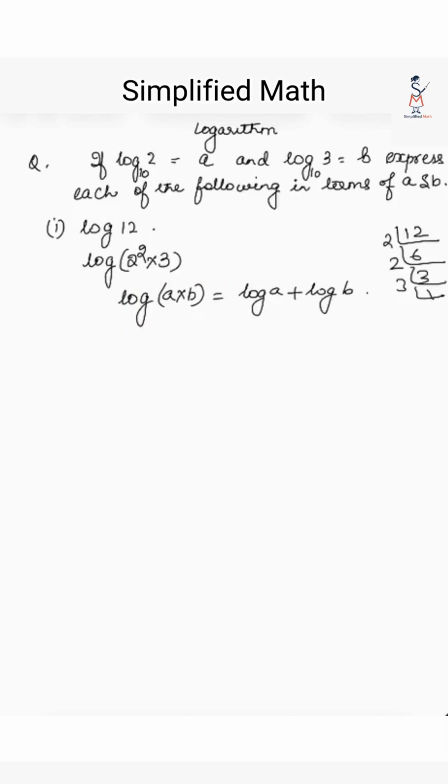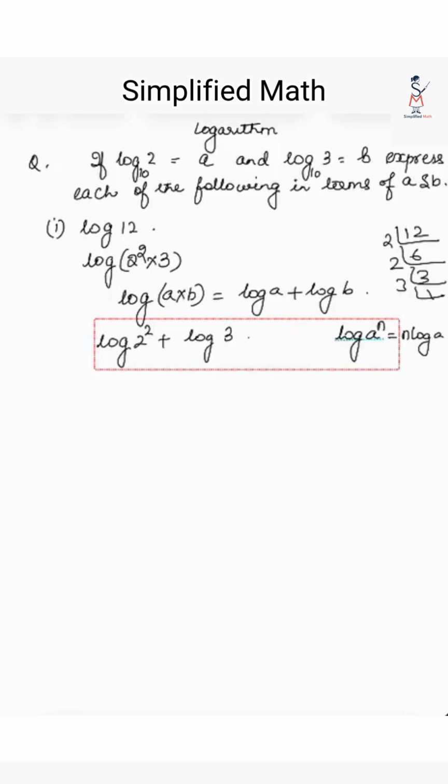Right? So this will become log 2 square plus log 3. Now we also know the rule that log a raised to the power n is n log a, right? Fine. So this will become 2 log 2 plus log 3, right?